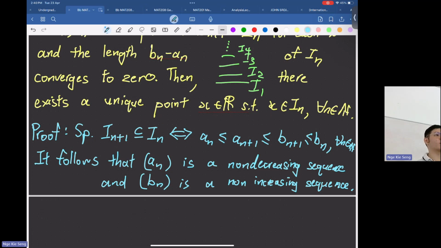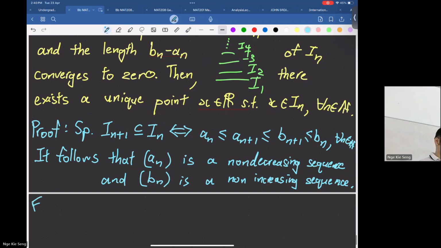Bounded by what? Bounded by bn, but n is changing. But we want to fix one real number, right? Furthermore, both sequences are bounded above by b1, correct?